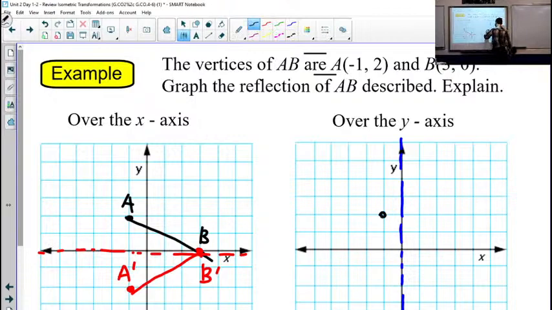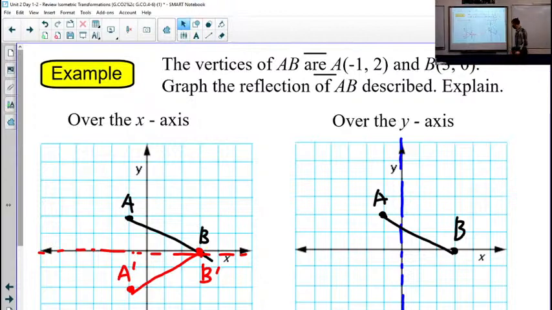We have A and B. Except this time we're flipping over the y-axis. So I want you to flip it, write out what those points are. This time they're to the left and the right of the line, so that's the directions you're going to flip. And then we'll talk about what the coordinate rules are going to look like and why they are the way they are.